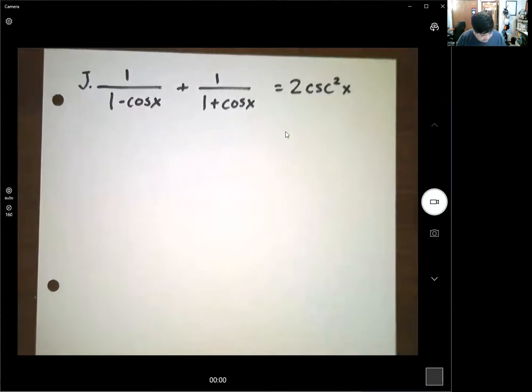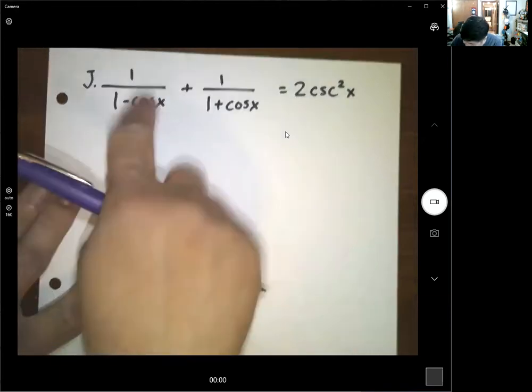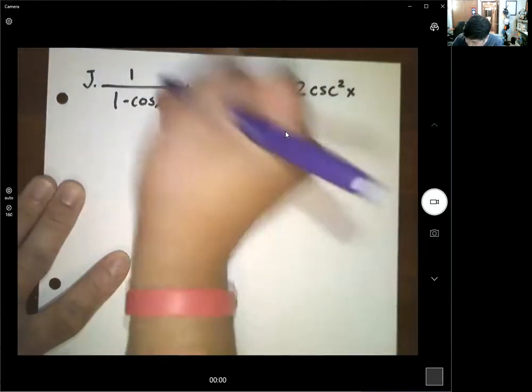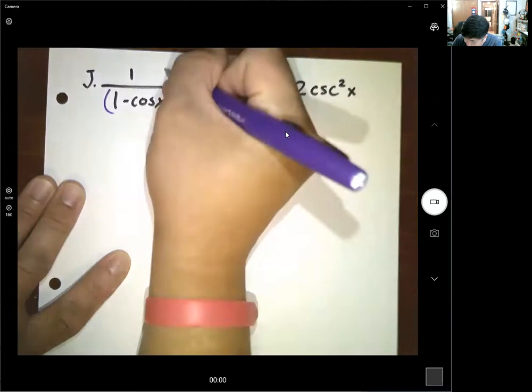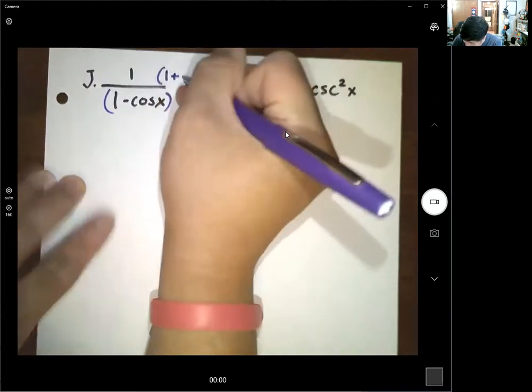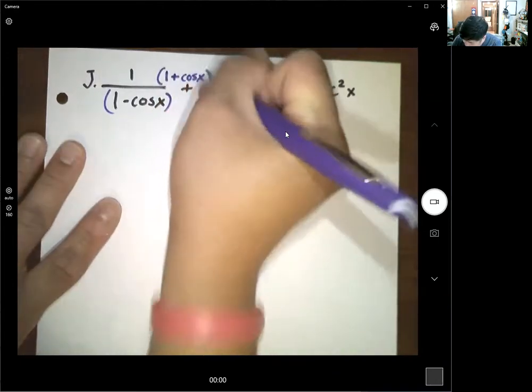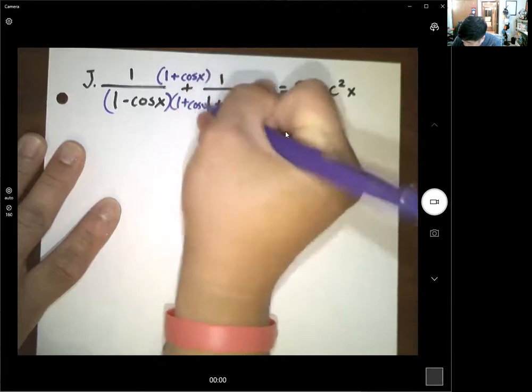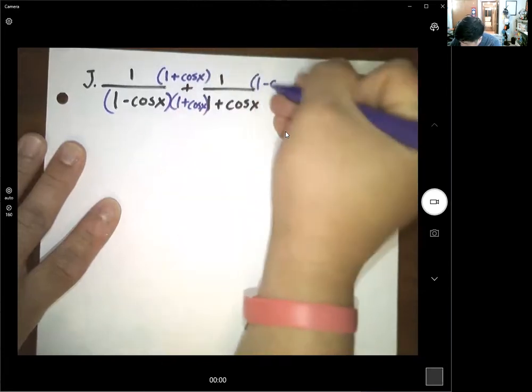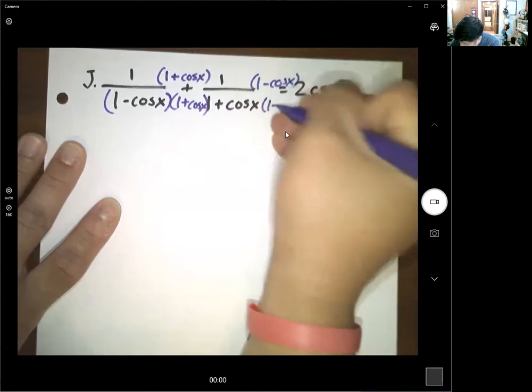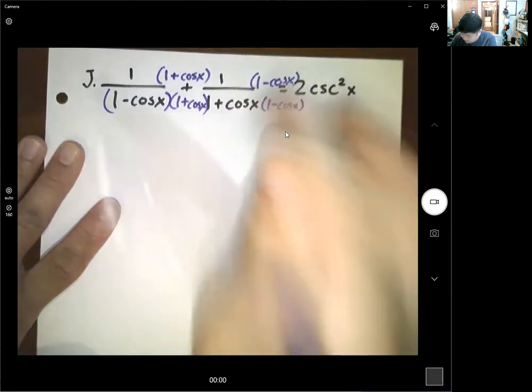So for the first term here, why don't I multiply by 1 plus cosine of x over 1 plus cosine of x, the conjugate. And 1 minus cosine of x over 1 minus cosine of x, the conjugate for this one.